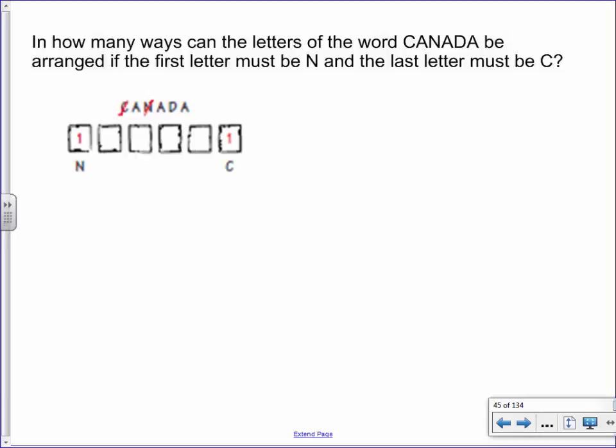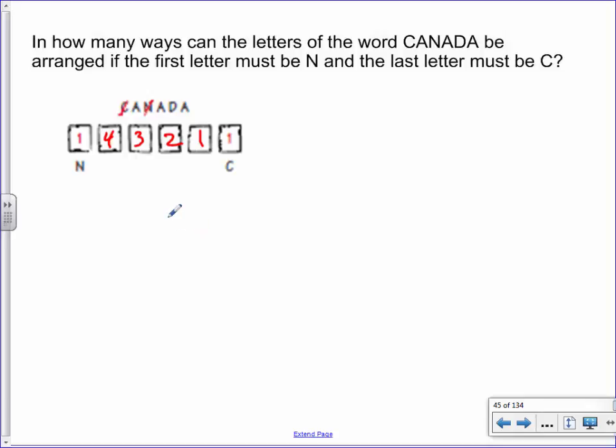Let's say that you have the word Canada that we need to figure out. But they're going to throw an extra twist on here. They're saying arrange the letters of Canada, but the first letter must be N and the last letter must be C. Well, that means you have 4 choices here and 3 choices here and 2 choices here and 1 choice here.